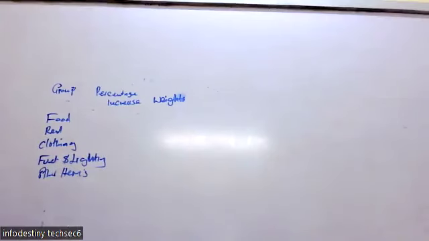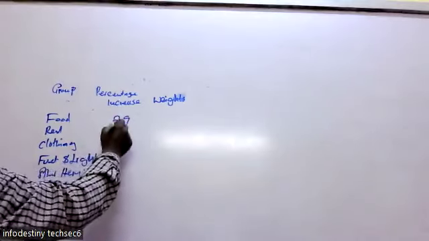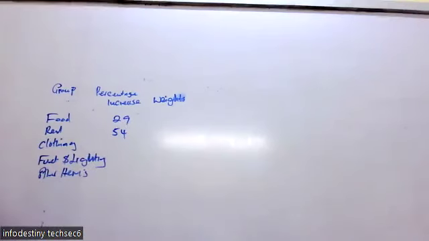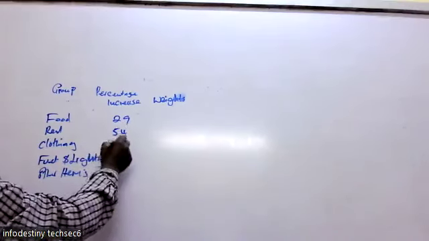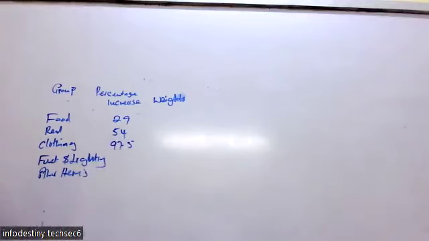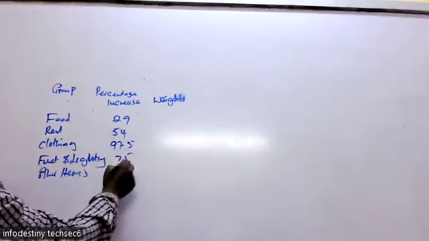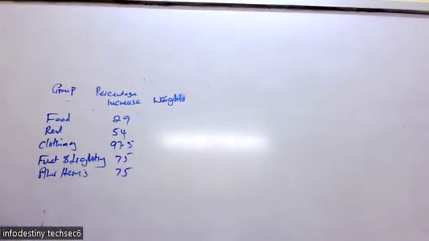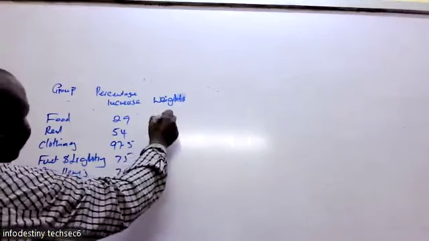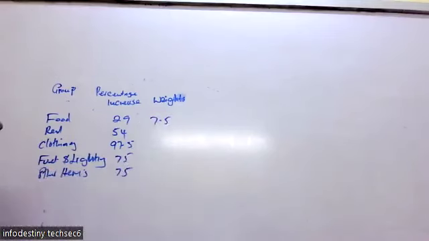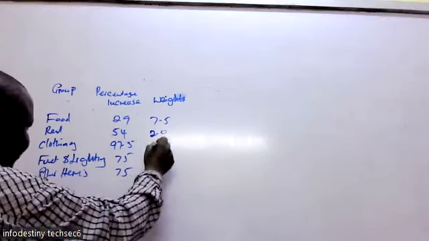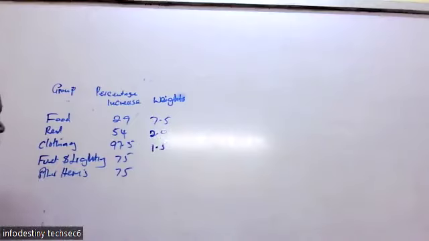Now, we have 25, 54, 29. Then you have 54, 97.5, 75, 7.5, 2.0, 1.5, 1.0, 0.5.